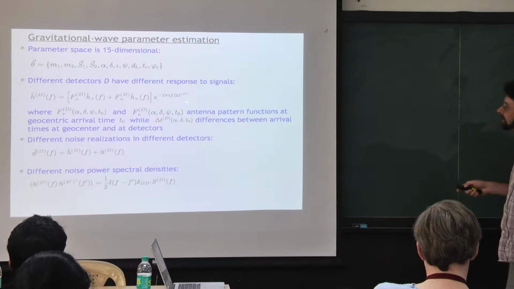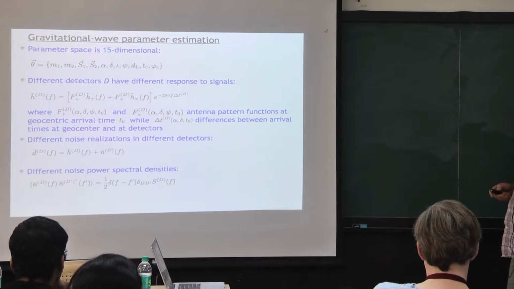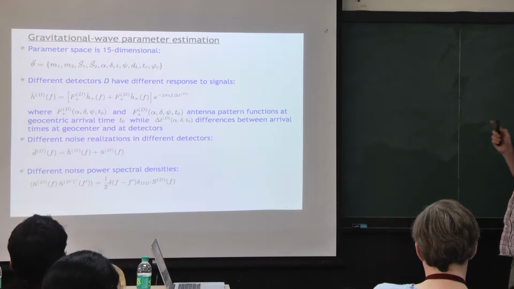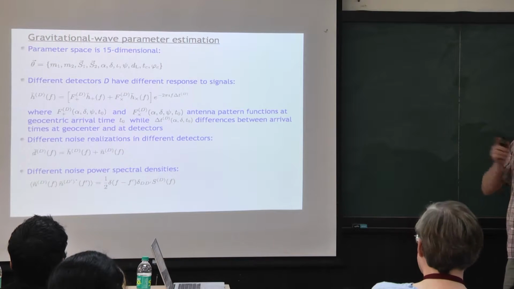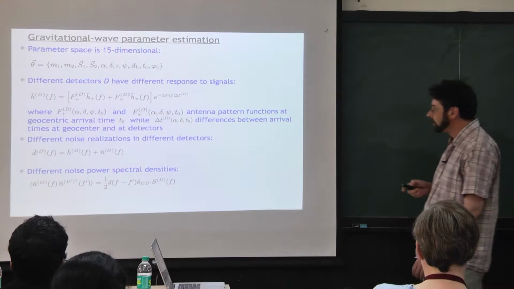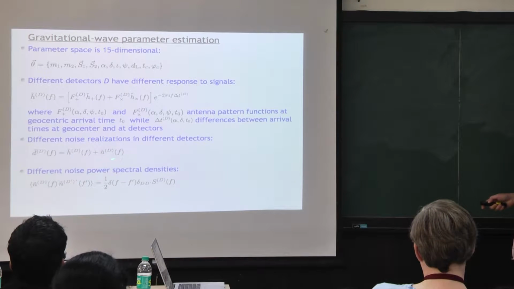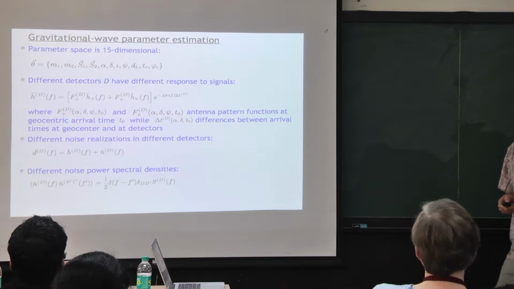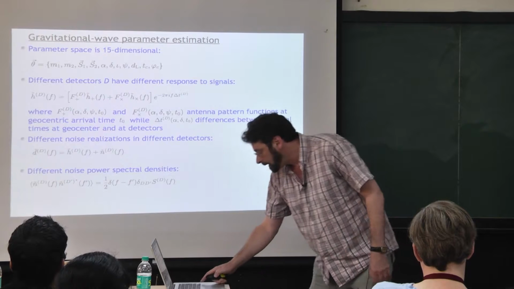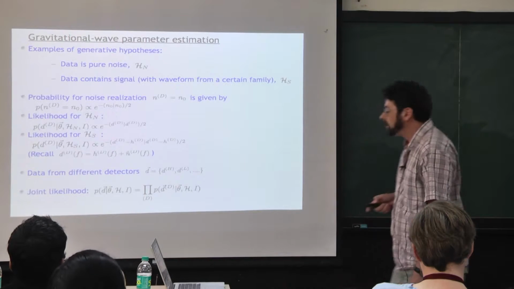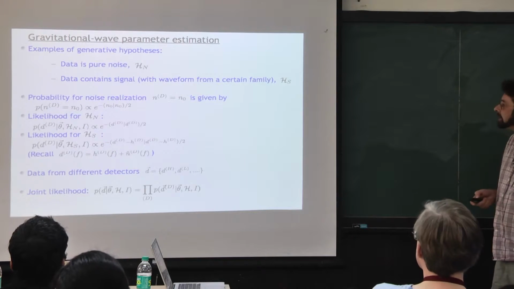So in particular, this delta t_D is the difference between the arrival time at detector D and the arrival time at the center of the Earth. Then also different detectors will have different noise realizations and therefore different noise power spectral densities. And so this can be folded in fairly easily.